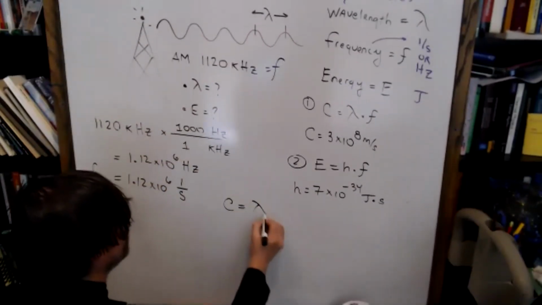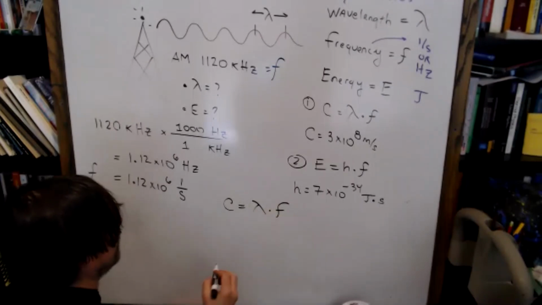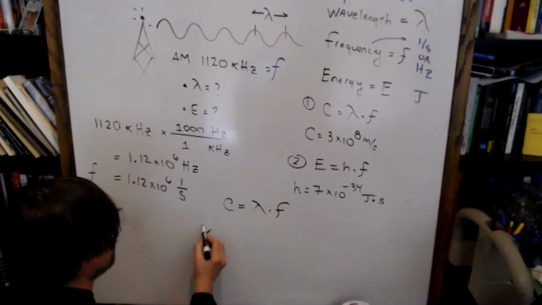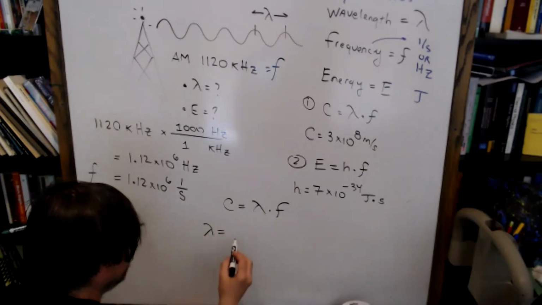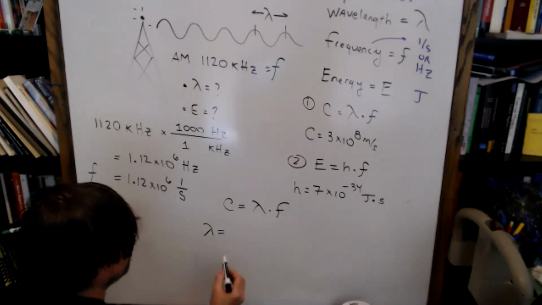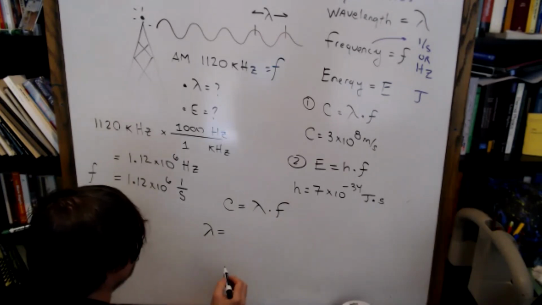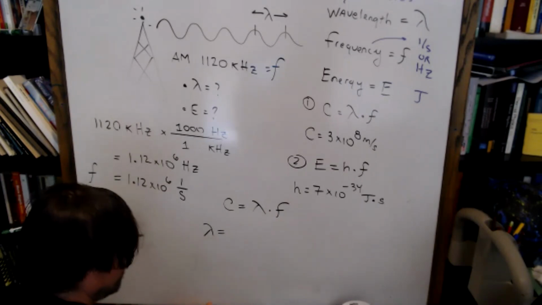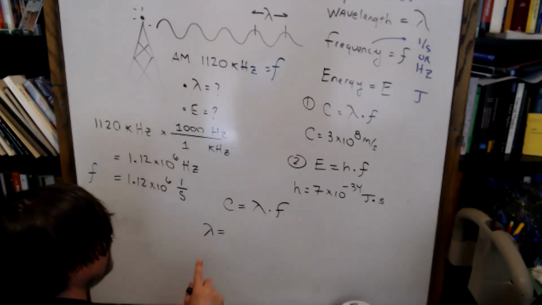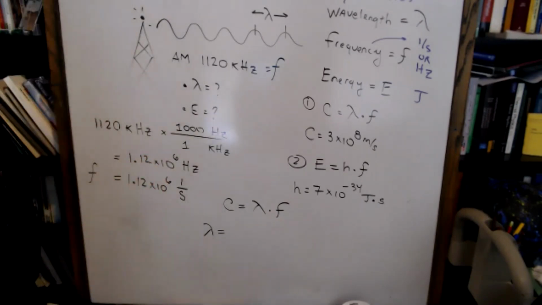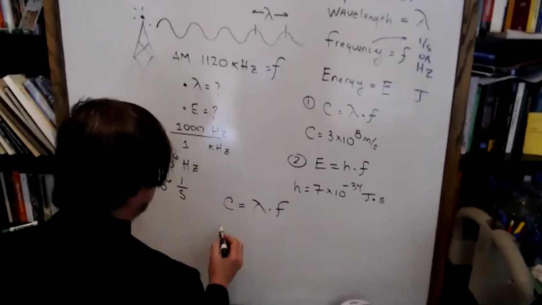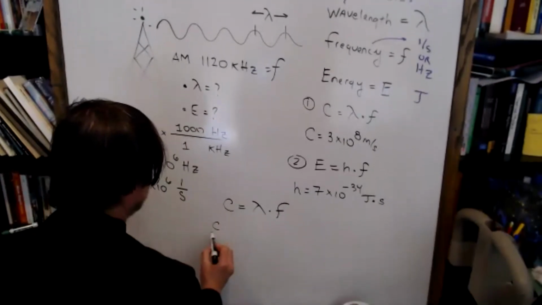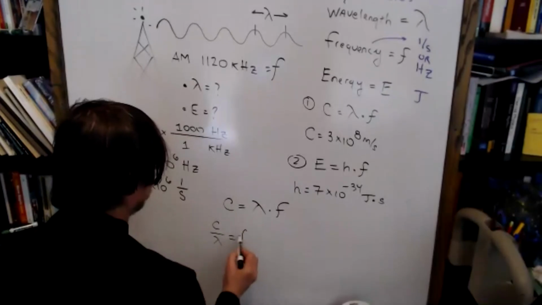So we have speed of light is wavelength times frequency. I have to solve for this guy. Wouldn't you have to have frequency on the other side somehow? Yeah, so you drop it down, what do you get? Would it be frequency divided by? No. Look, if you cross the equal sign, you have to flip the equation, right? Yeah. So if you push lambda to the other side, you have C over lambda equals frequency.